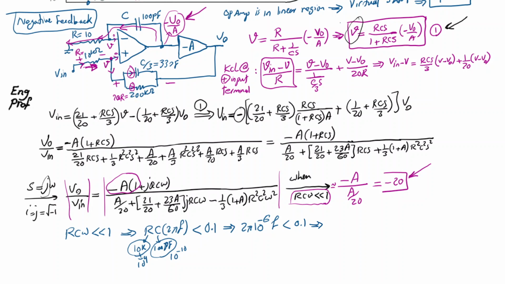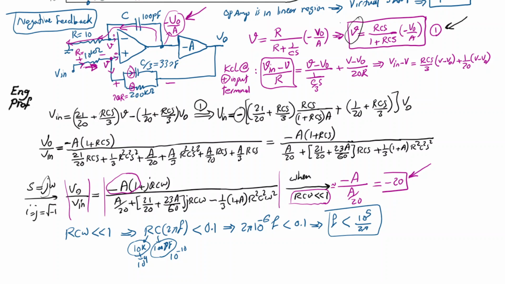As a result, multiplying both sides by 10 to the 6, f should be less than 10 to the 5 divided by 2 pi. So as long as f is in this range, which is good for an audio amplifier, then we should be all set.